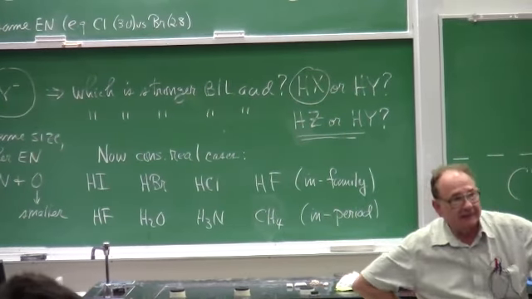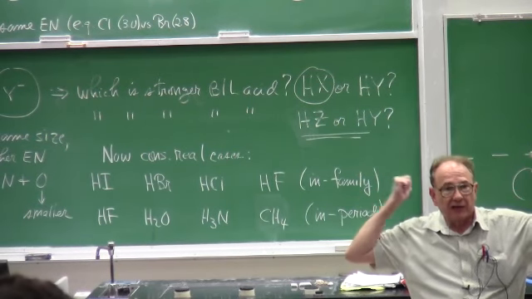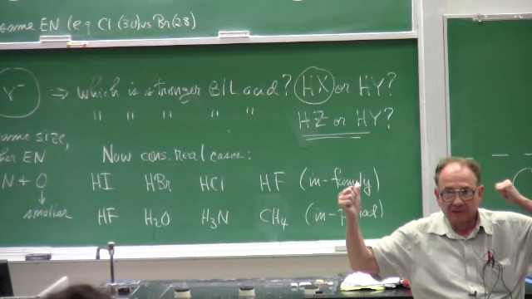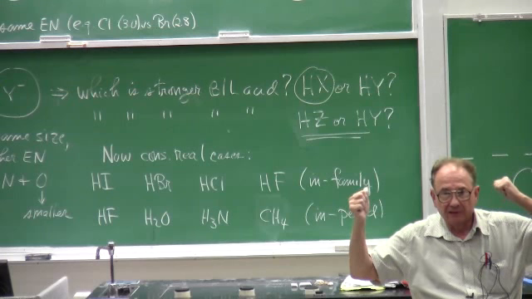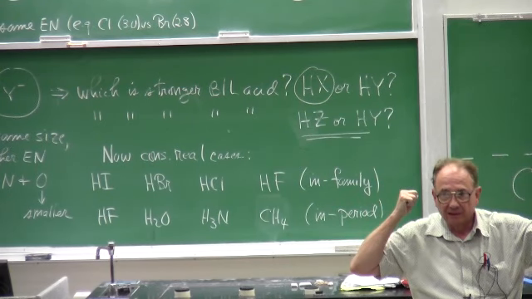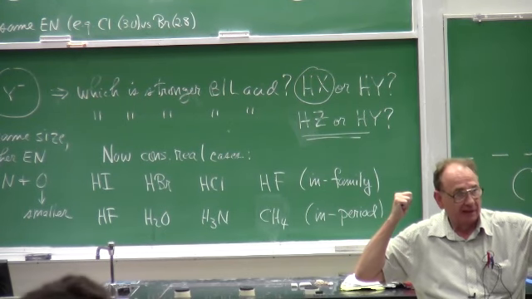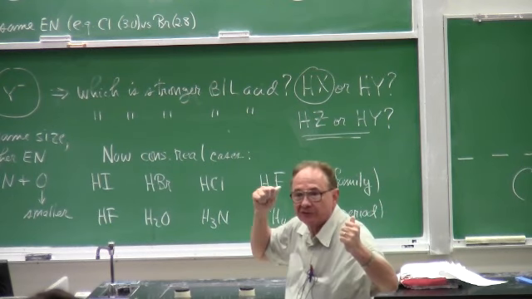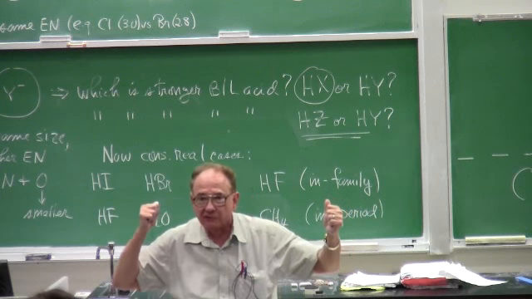If we really needed to know which one was the stronger acid, and this is all the information we have, what would we do to answer the question? Go to the lab. Go to the lab and make a water solution of each of these acids at the same concentration and observe pH. The solution with the lower pH would be the solution of the stronger acid.